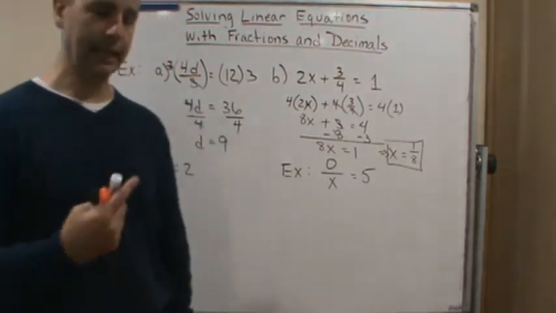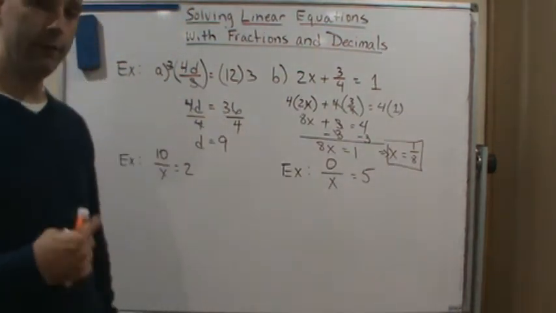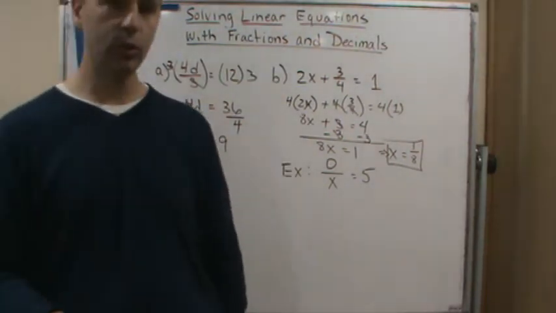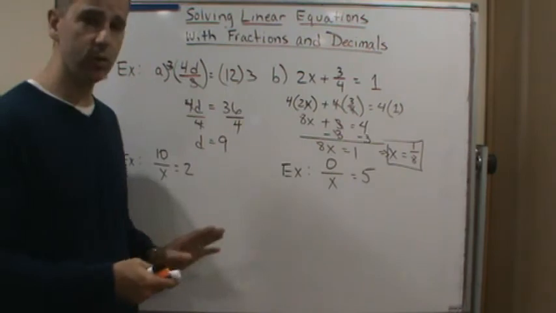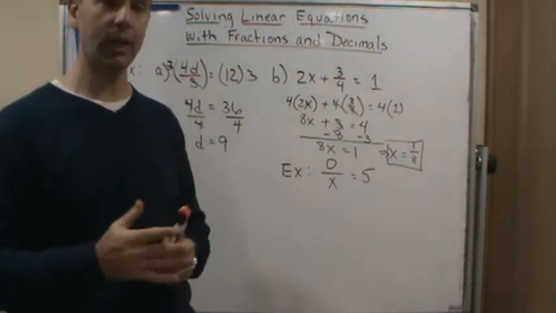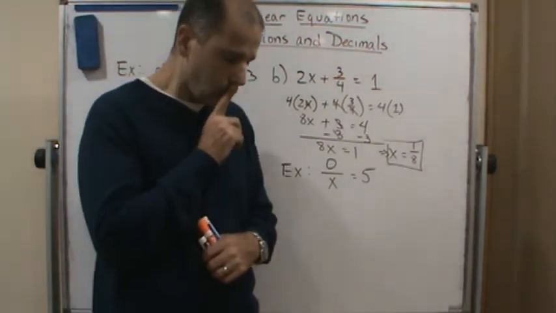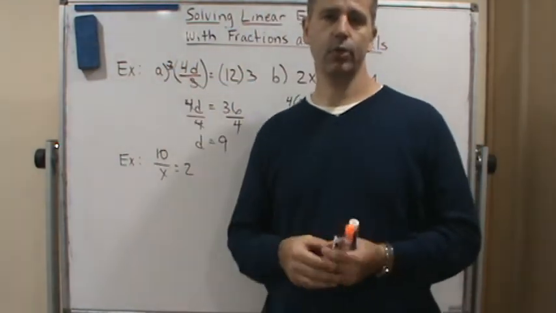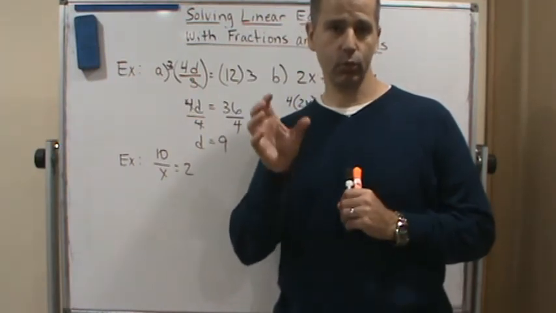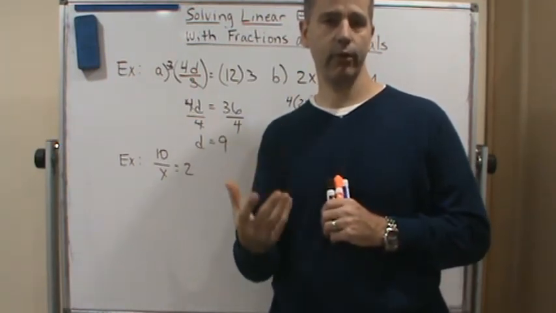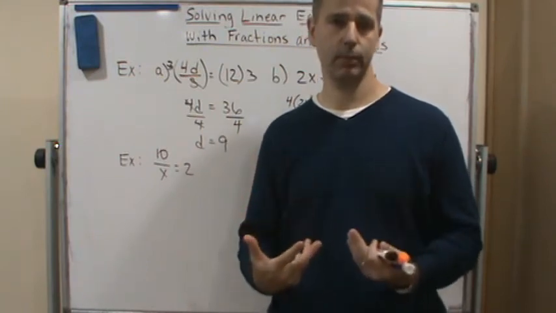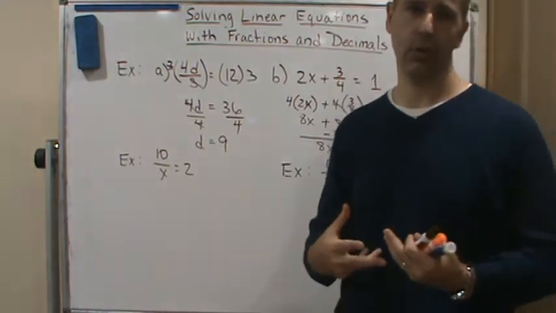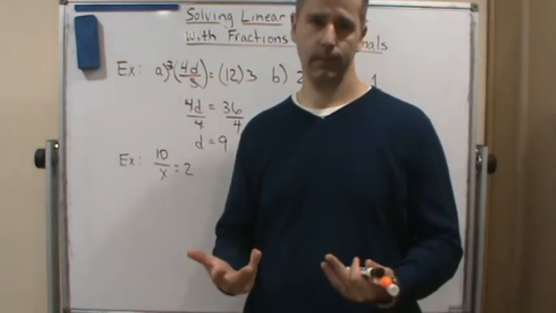Which means there's this idea of what values are okay in an equation. These are what we call excluded values, values that will not give us a true statement. There's actually a term that you want to know for this. The roots of an equation are all of the values of the variable that will give us a true statement. So what do we call those values that do not give us a true statement? Those are what we call extraneous values.